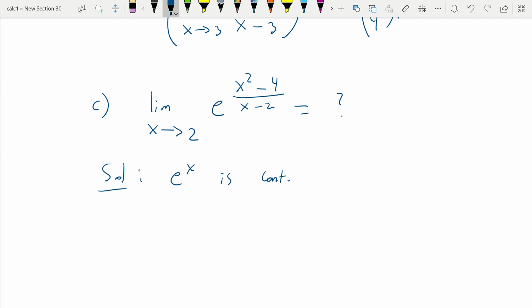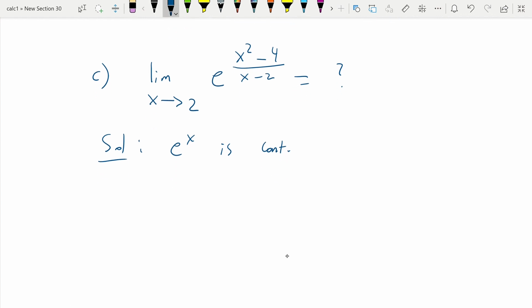So we can use the substitution rule and say that the limit when x approaches 2 of e to the x squared minus 4 over x minus 2, all of that in the exponent, is going to be equal to e to this limit.